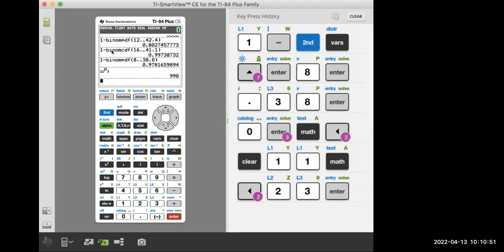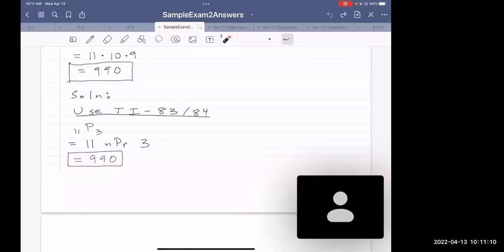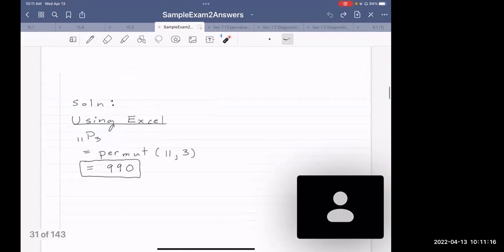And so I get 990. Okay, so let's put that number into my laptop. And so I have here that inputting 11 nPr 3, I get 990.